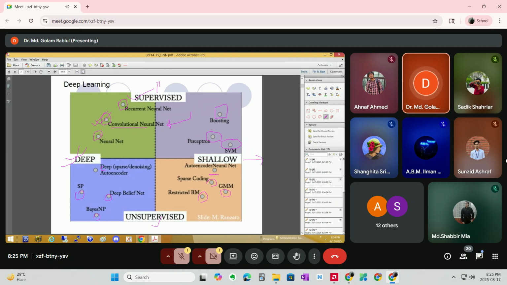In today's lecture, we will cover the convolutional neural network, which follows the supervised principle, and the architecture is deep.